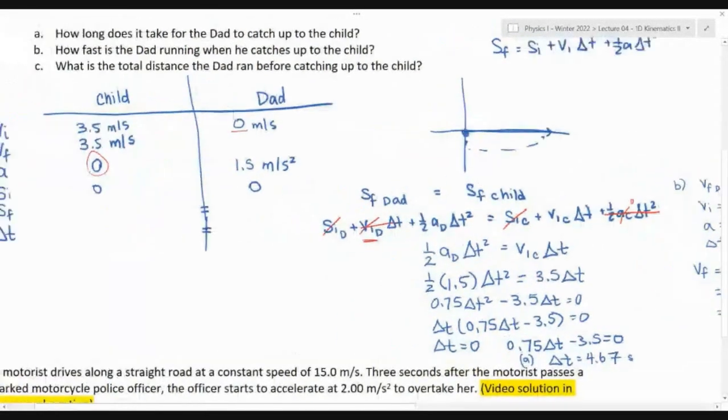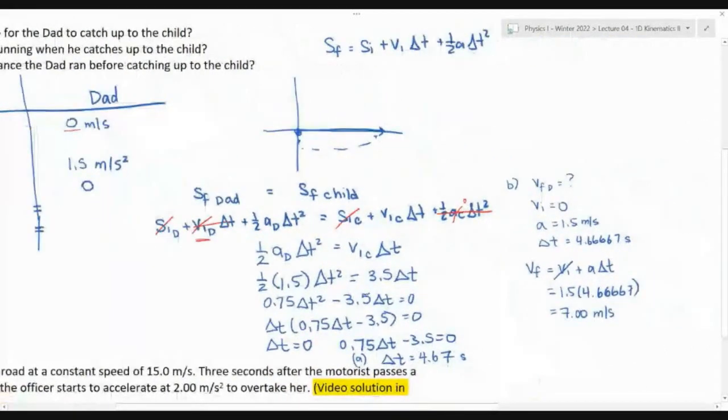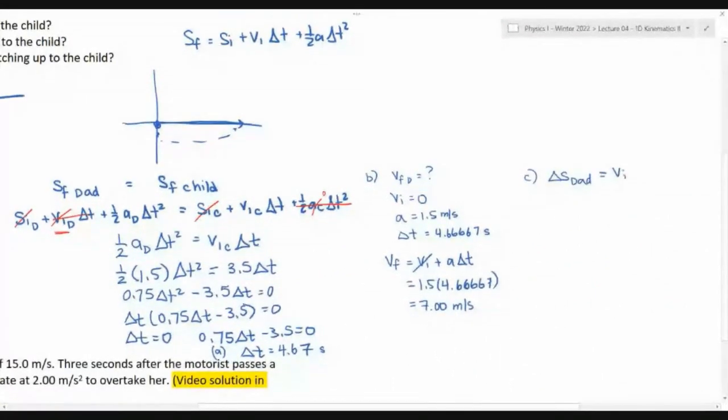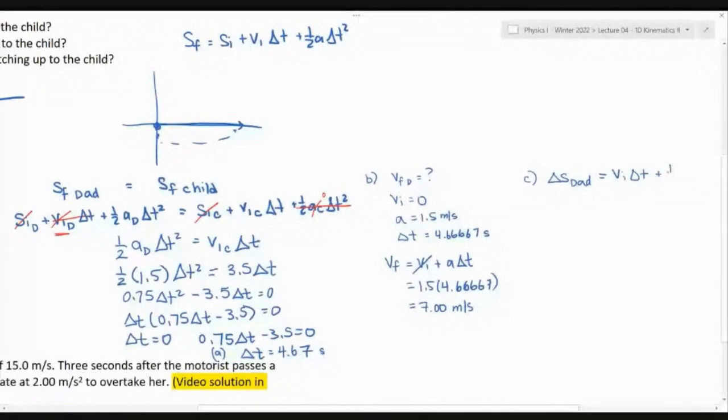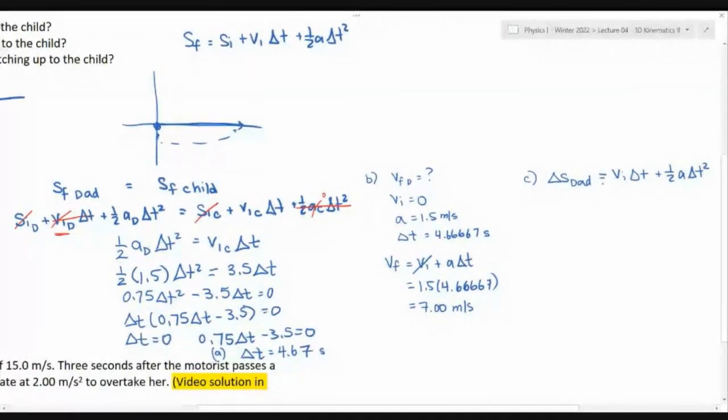Okay, and then the final question is, what's the total distance the dad ran? So I'm going to do that right here. That's just my delta S for the dad, equals V initial delta t plus 1/2 A delta t squared. Again, our V initial for the dad was 0.